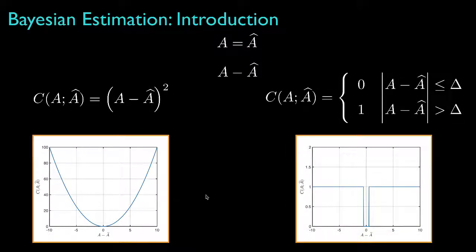Or we might define a cost that is uniform, provided that the error exceeds some threshold, and is zero otherwise. In the first case, we view large errors as much worse than small errors, and in the second case, we view all errors the same, provided they are larger than some acceptable error magnitude. Now, which is best would depend on the particular application and on your preferences and tolerances for error.